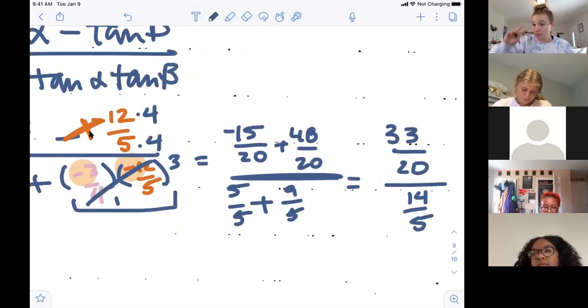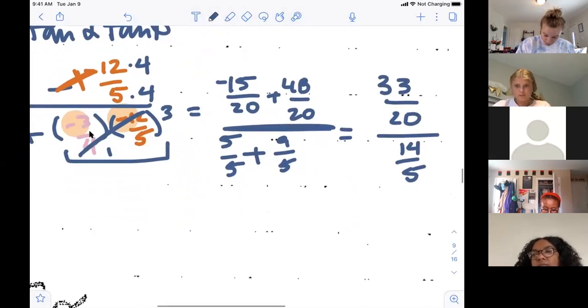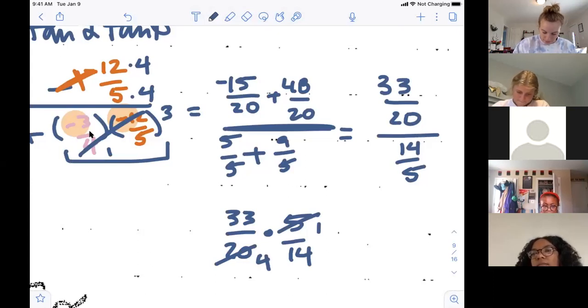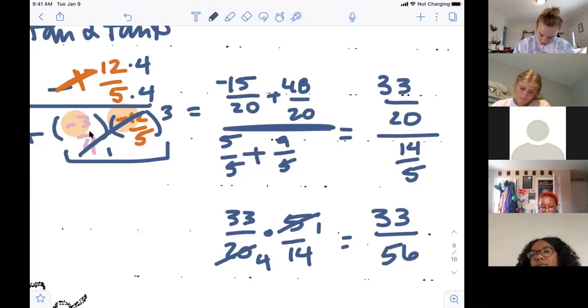Then we just multiply by the reciprocal. 33 over 20 times 5 over 14. 20 and 5 become 4 and 1. 33 and 14 have nothing in common. So it's going to be 33 over 56. Yeah, I'm okay with that. You guys okay with that? Okay.